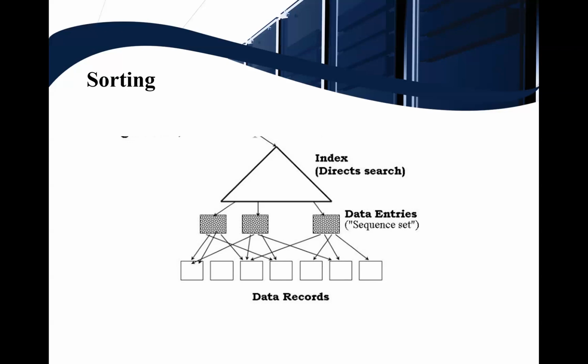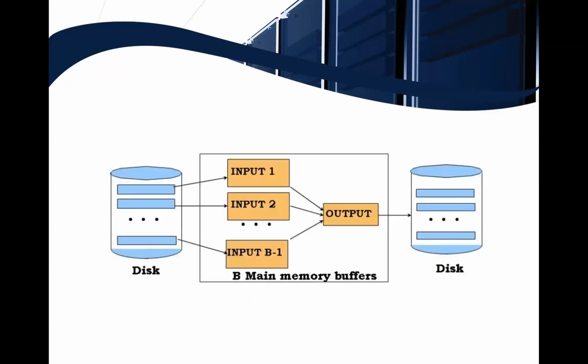For instance, if we have people aged 10 to 40, we take the mean: 40 plus 10 is 50, divided by 2 is 25. So the root node is 25, with values before and after the root node. So the time complexity will be lesser. Like that, B plus trees are used in databases for sorting.